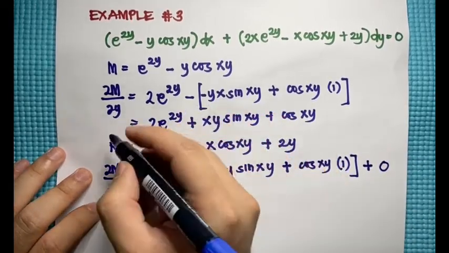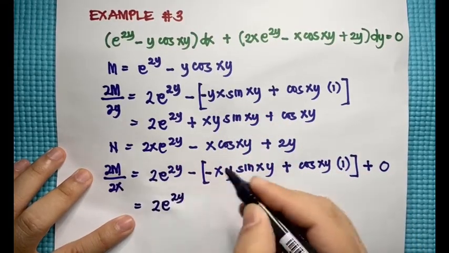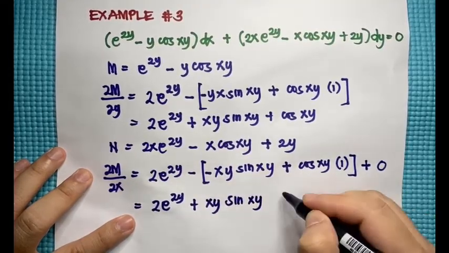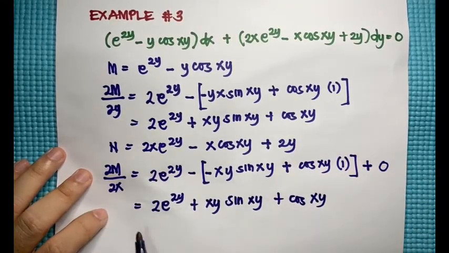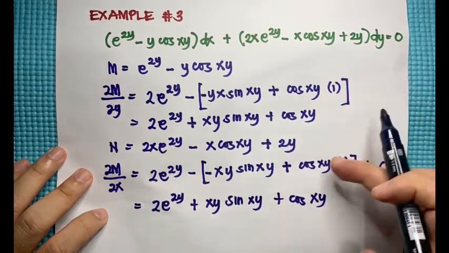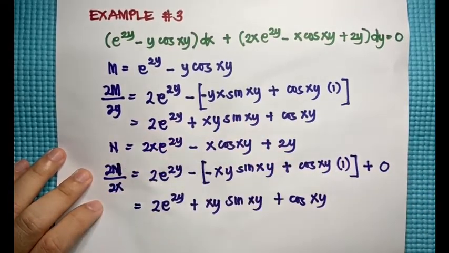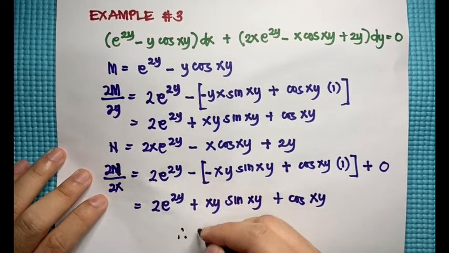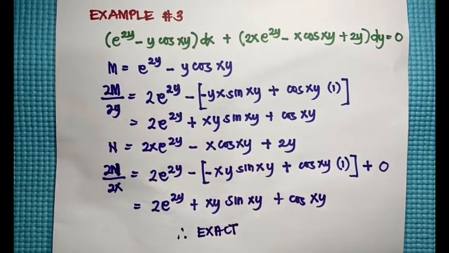So giving us the final answer to be 2e raised to 2y, plus xy sine xy, then plus cosine xy. And as you can see, the partial derivative of m with respect to y is equal to the partial derivative of n with respect to x. So therefore, the given differential equation is exact.